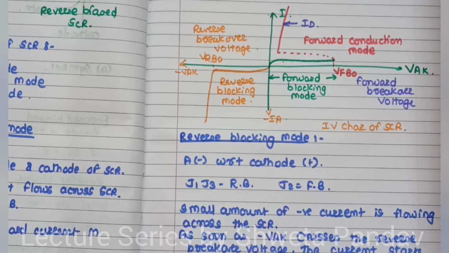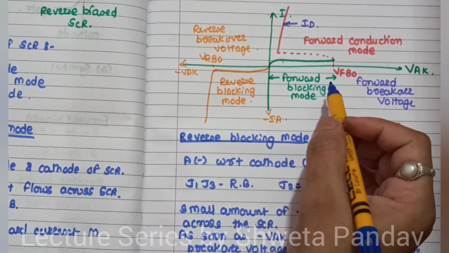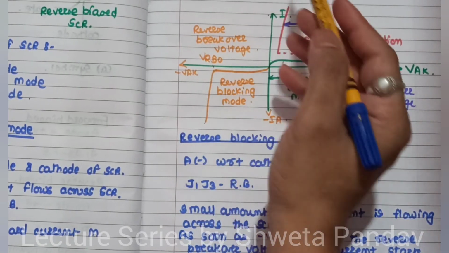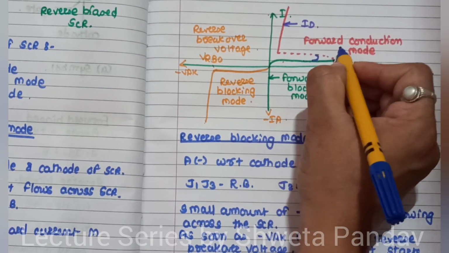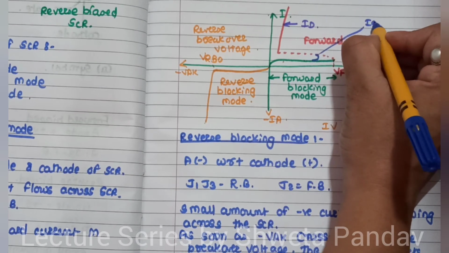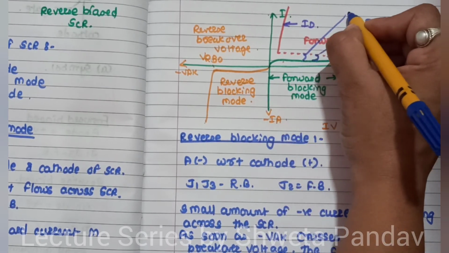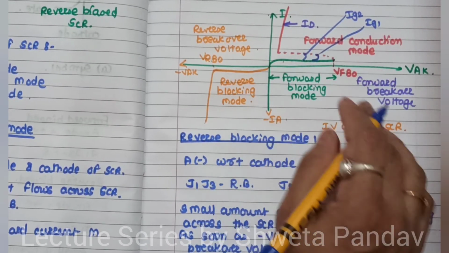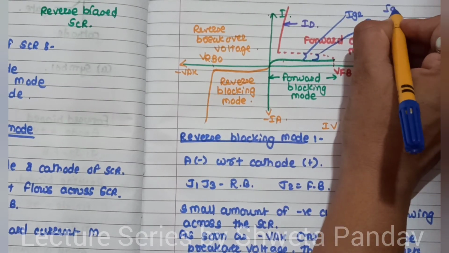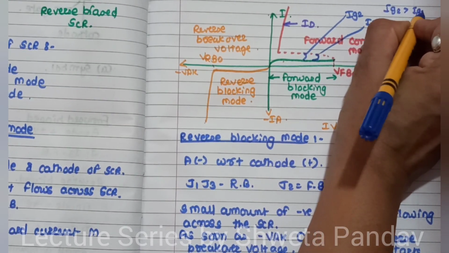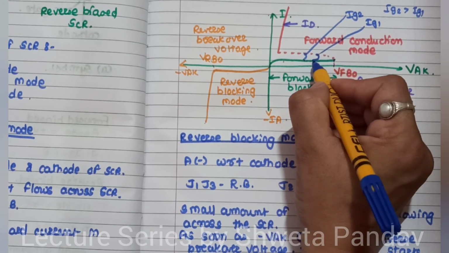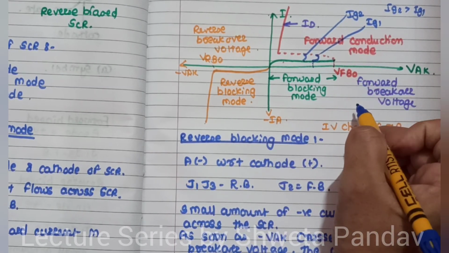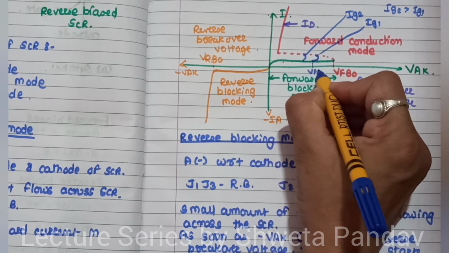One more point is left. If I am only talking about the anode and cathode, and I apply the gate current here, suppose this is Ig1 and this is Ig2, with Ig2 greater than Ig1. As I increase the gate current, the forward conduction will happen earlier.